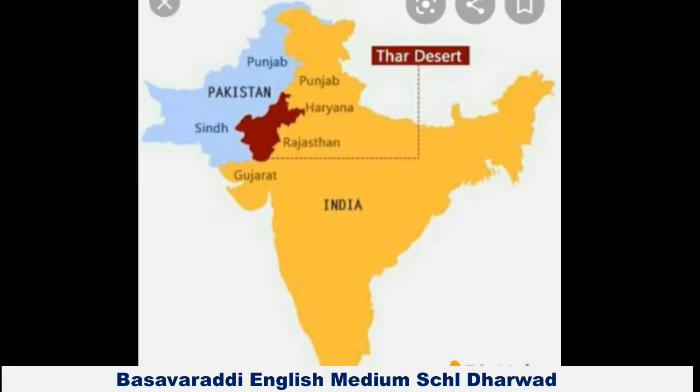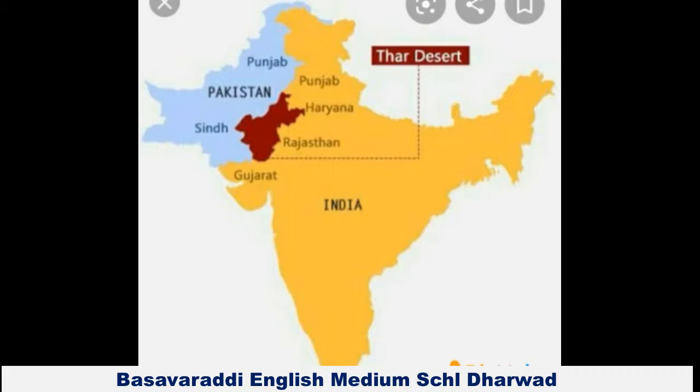As we know, deserts are large areas of land that are very dry and usually covered with sand. There is very little water or vegetation due to very little or no rain. Means they do not receive much rain. Therefore, only a few plants and trees grow here.